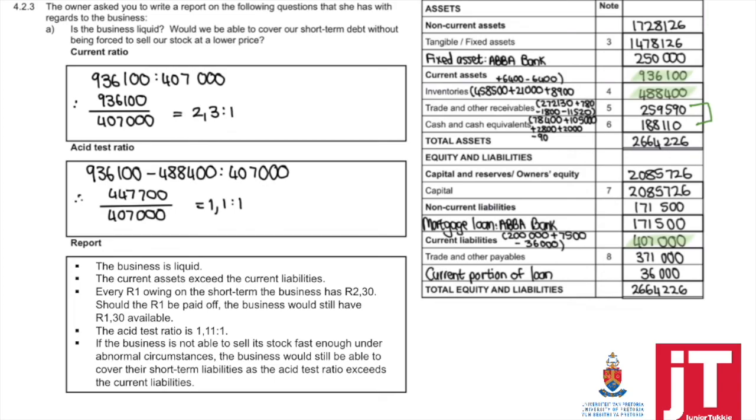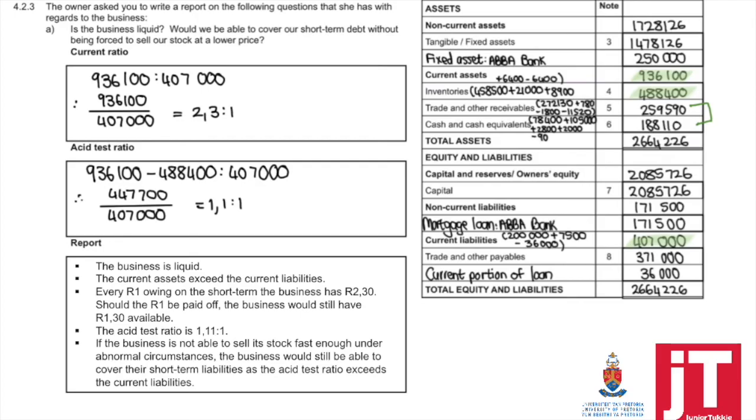So to answer this now, do it in bullet form. Keep it short. Is the business liquid? That's what we need to answer. Yes, the business is liquid. Why? The current assets exceed the current liabilities. Every R1 owing in short-term current liabilities, the business has R2.50.